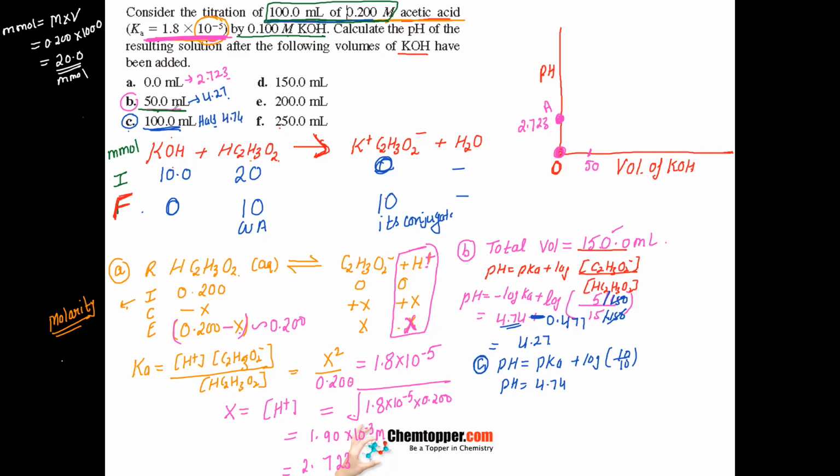You added 50 ml of KOH. There is still acid, but the concentration has gone down drastically. But still the pH is not changing much. It's not a big change, right?